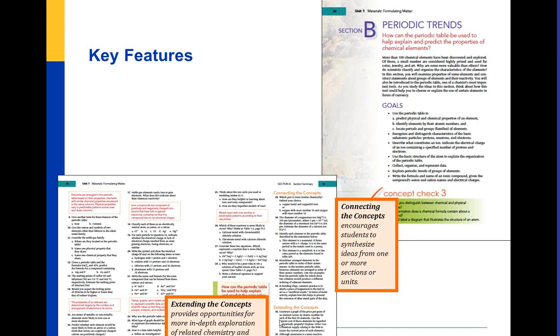They're more in-depth exploration. So you can definitely differentiate with your students as you're going through the questions. There are students that need more practice. There's more questions for them to answer, and then students that you want to push and maybe push the way they're thinking, you can give them connecting the concepts and extending the concepts.